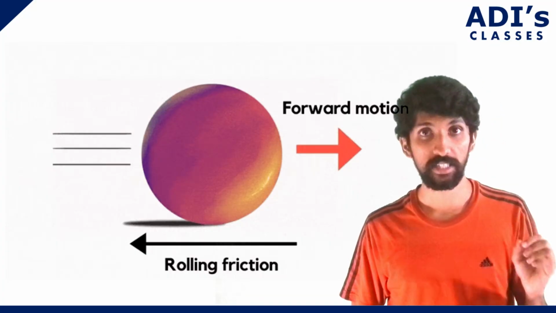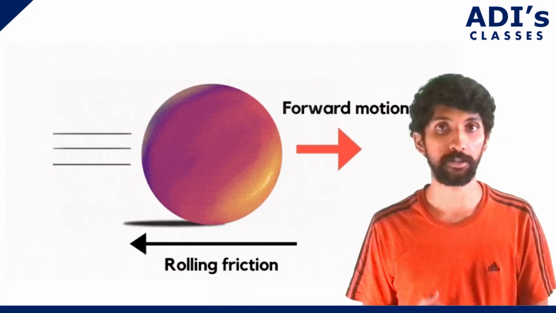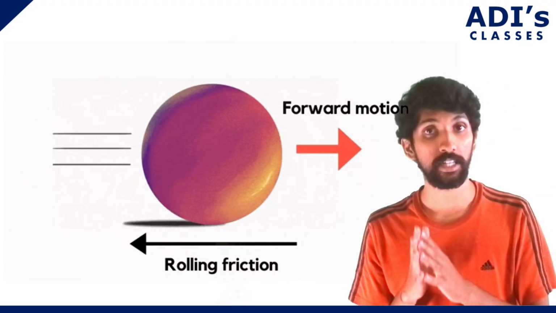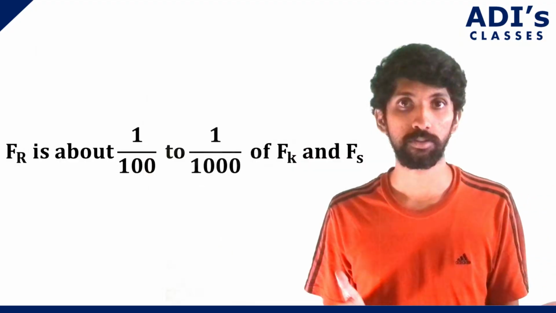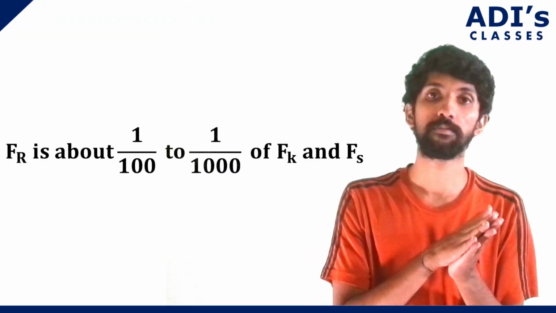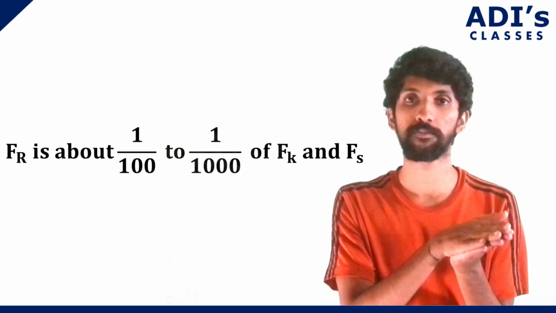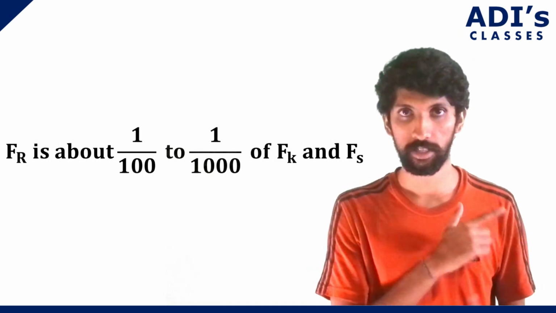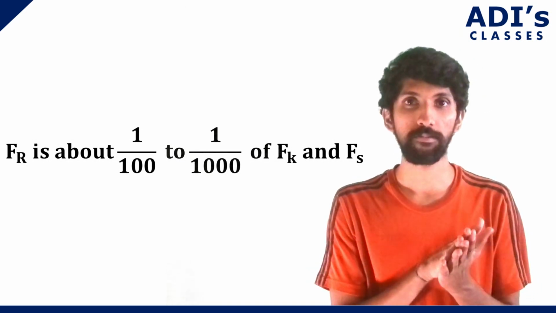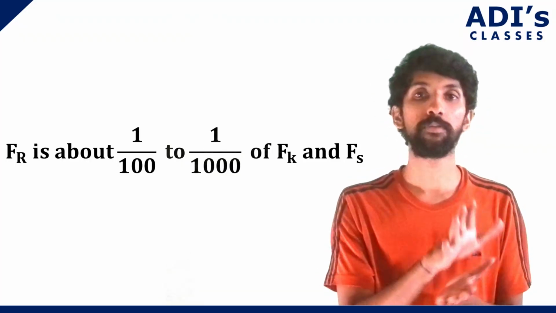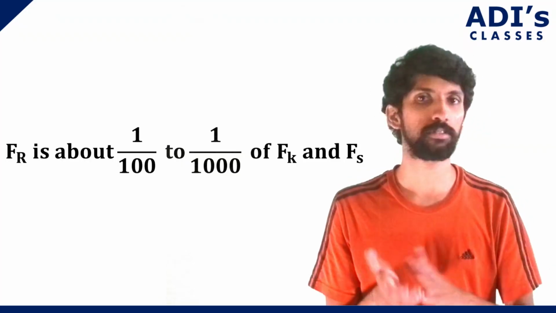Now, what is the reason behind rolling friction? We need to know. In static friction and kinetic friction, one body is in contact with another body over some surface area, correct? As you can see in the picture, one body is in contact with another, and either you move it or it is stationary, depending on the type of friction.